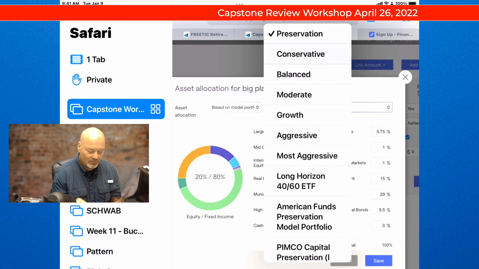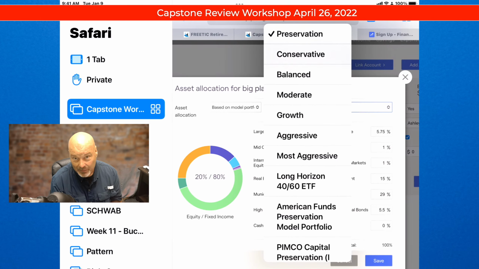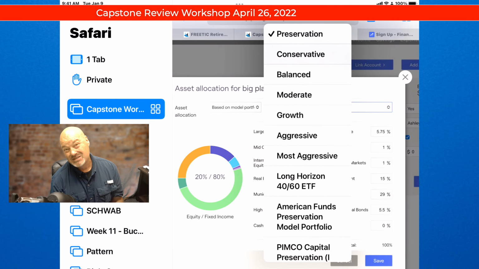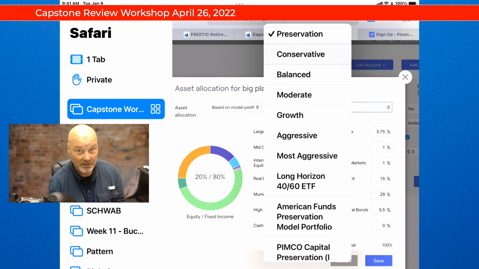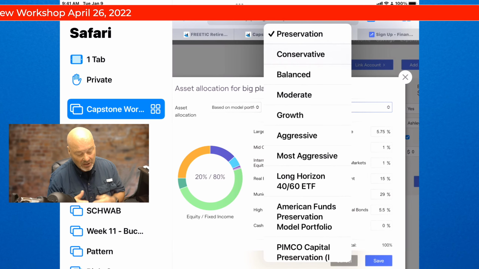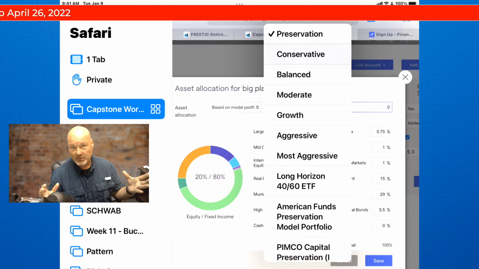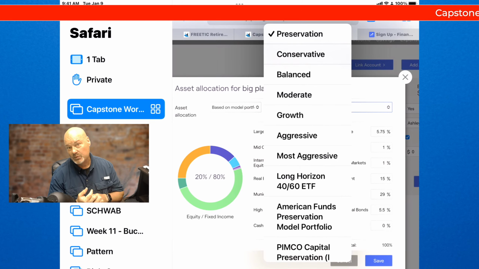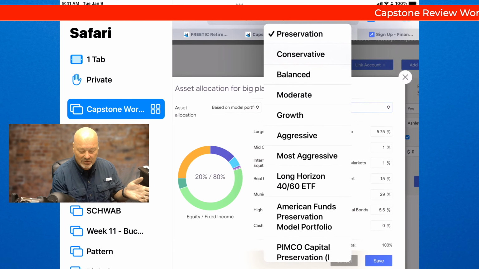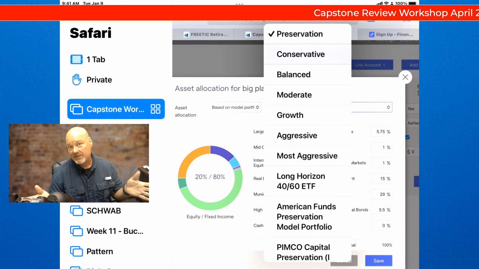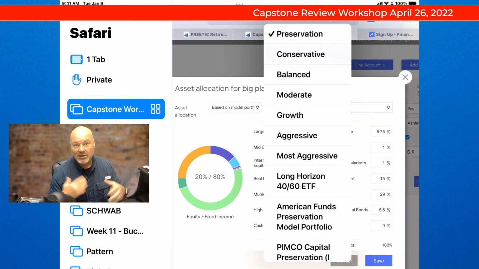But when we talk about asset allocation, remember, asset allocation is the single most important determinant of your portfolio. Now that you have these accounts built, a tax-free account, a tax-deferred account, and a taxable account, you're going to have to start deciding how you want to allocate your assets.